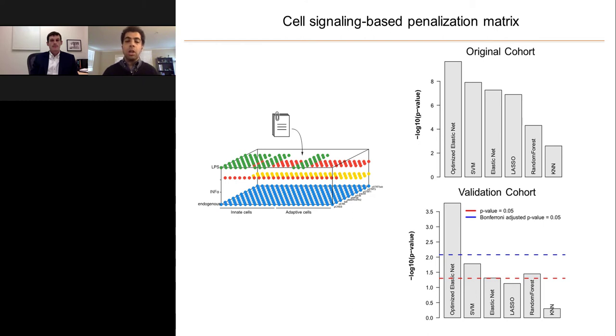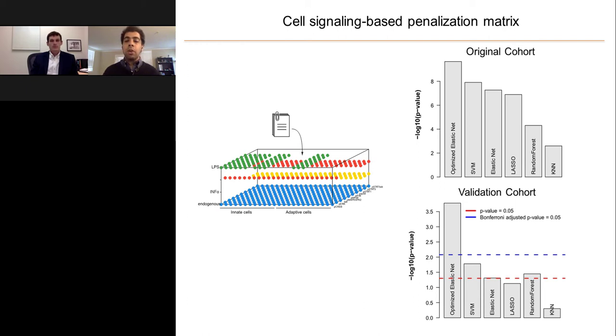to this prior knowledge. On the y-axis, we have minus log 10 of p-value for correlation with gestational age. So the larger bars represent the algorithms that are more accurate. The first bar is our optimized elastic net that has this prior knowledge, and the rest are standard predictive algorithms.